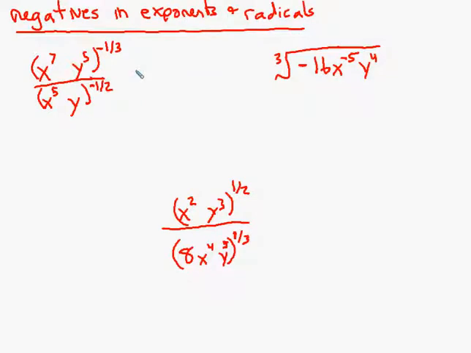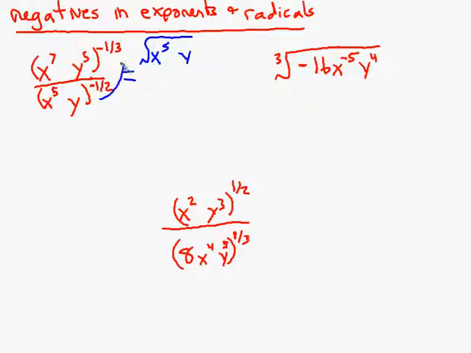Alright, negatives in exponents in radicals. So negatives, I mean, you know this, that would mean move that down into our denominator, and then its exponent switches. So just because it's a fractional exponent does not change what I do there. So this is going to be x to the 5th y, and I'll switch it to radical form.